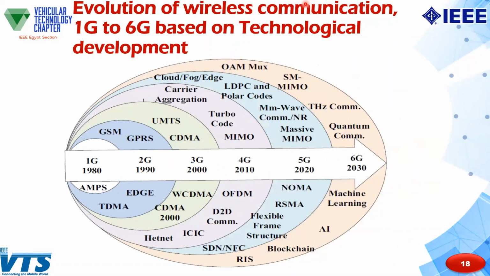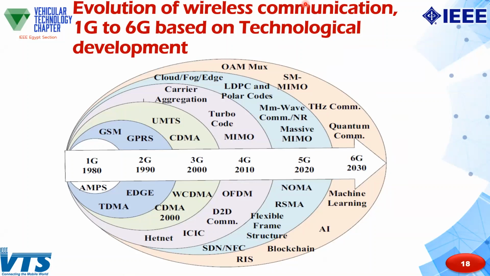From the technology development, or what we call access technique development, we start with AMPS or FDMA in the first generation, up to TDMA in the 2nd generation, CDMA, up to the 5th generation with NOMA and massive MIMO. But in 6G, we have quantum communication and quantum computing, and sub-terahertz communication.